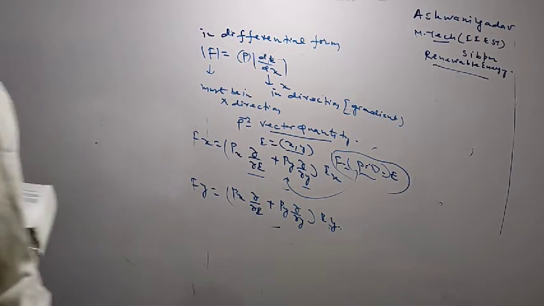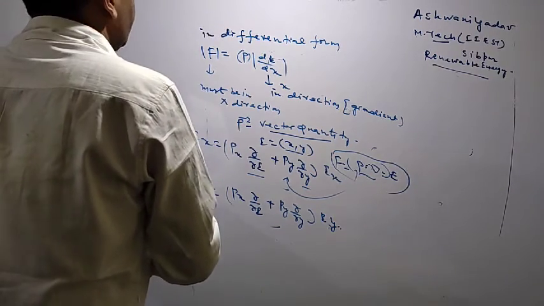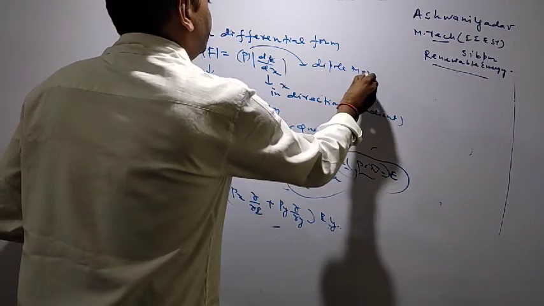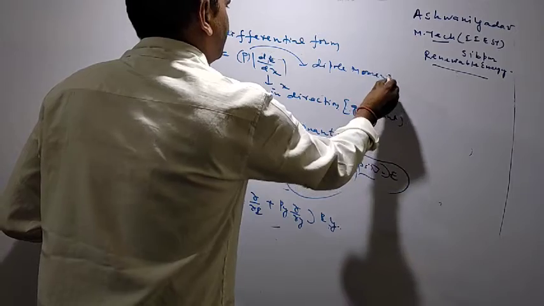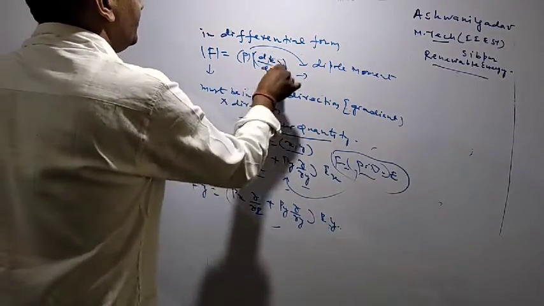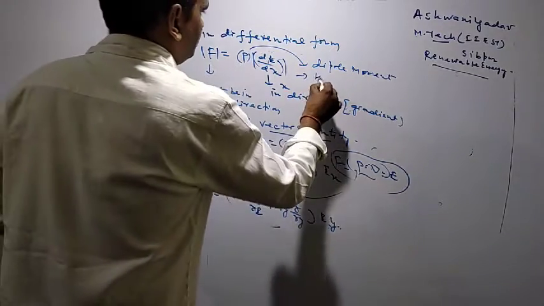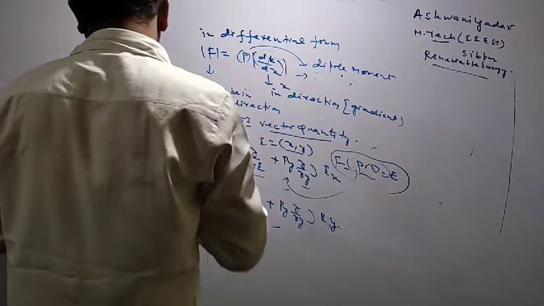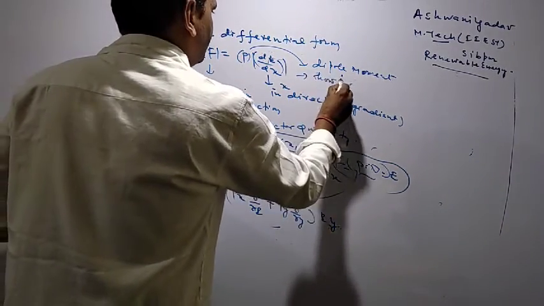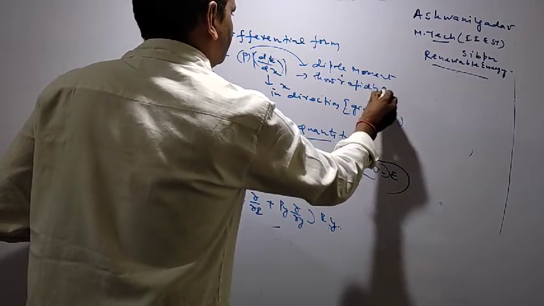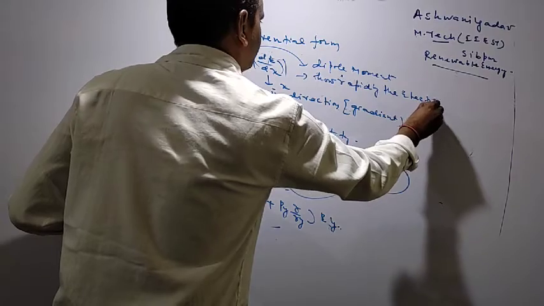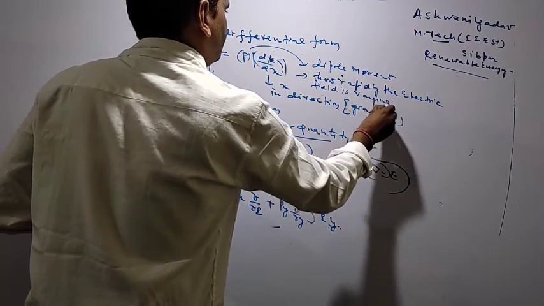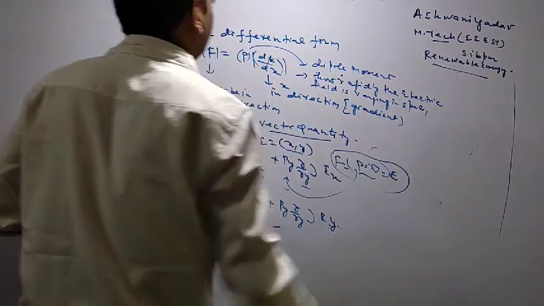So you can see that force depends upon the dipole moment as well as how the electric field is varying in space, how rapidly the electric field is varying in space.